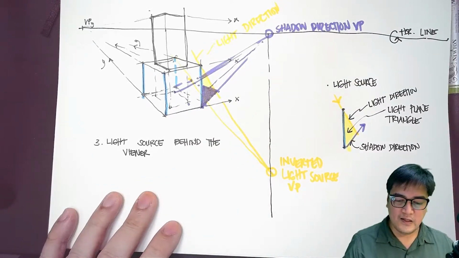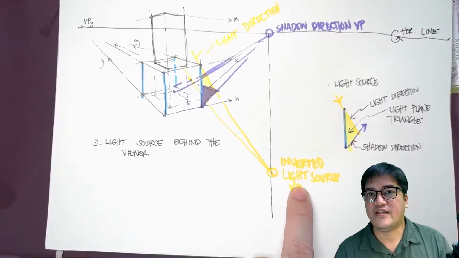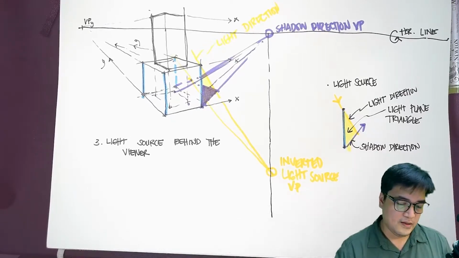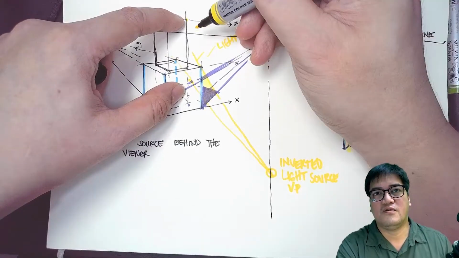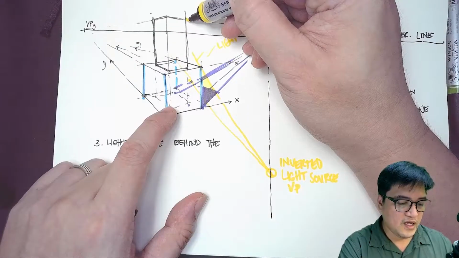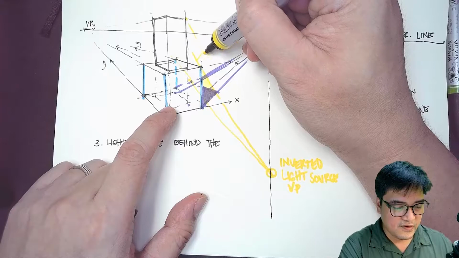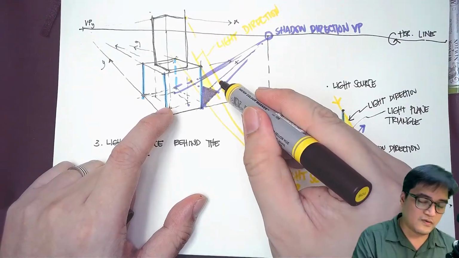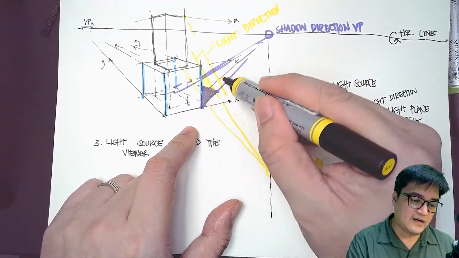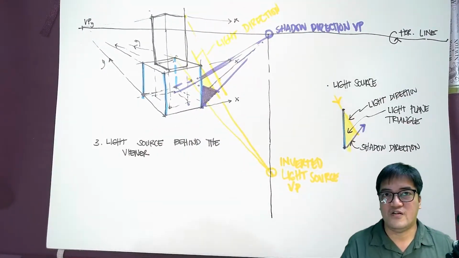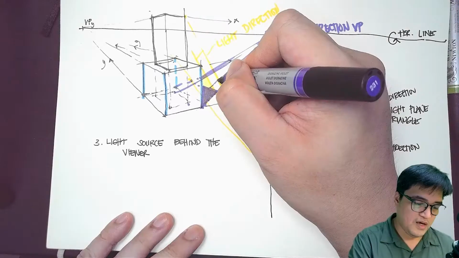Now, I'm going to follow, of course, the inverted light source vanishing point, originating from here to the topmost vertical point of this. And this will intersect with the shadow direction line of this tall volume, and therefore make a point there.